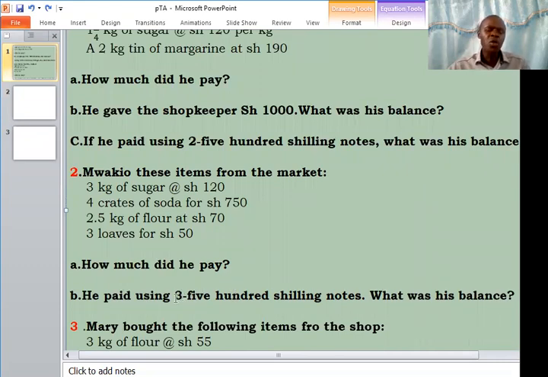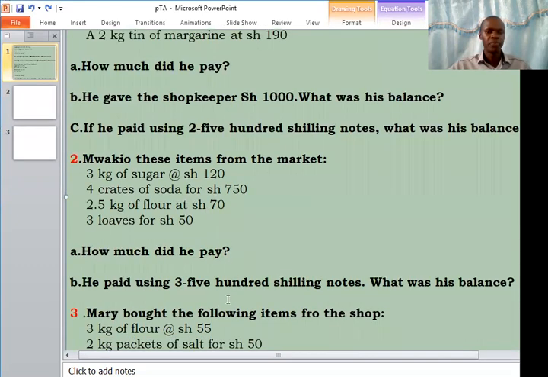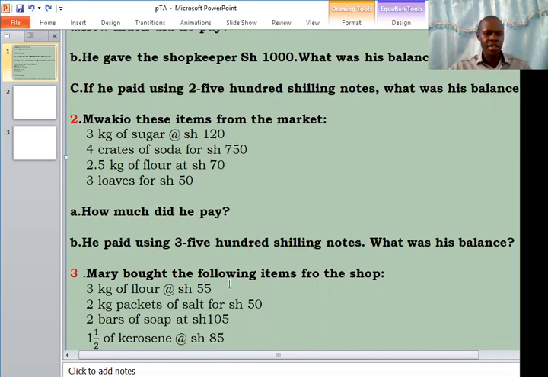You're going to take 3 times 500. Of course, you will have 1,500 shillings. Then you subtract the total cost of items from 1,500 shillings, and you get your balance.